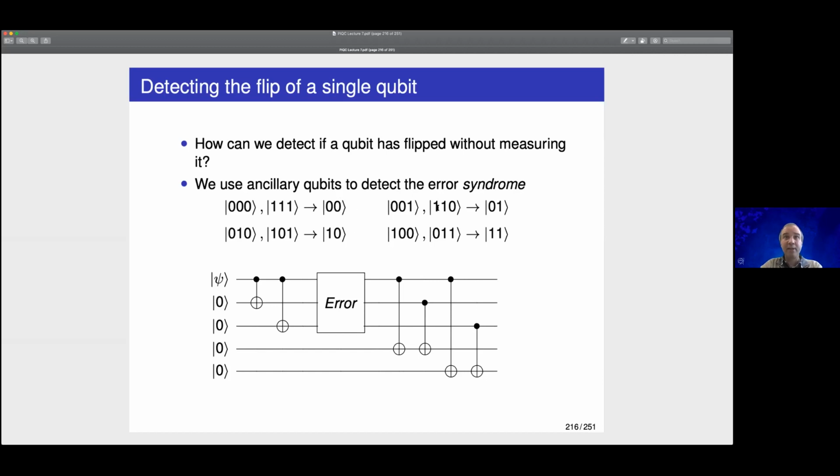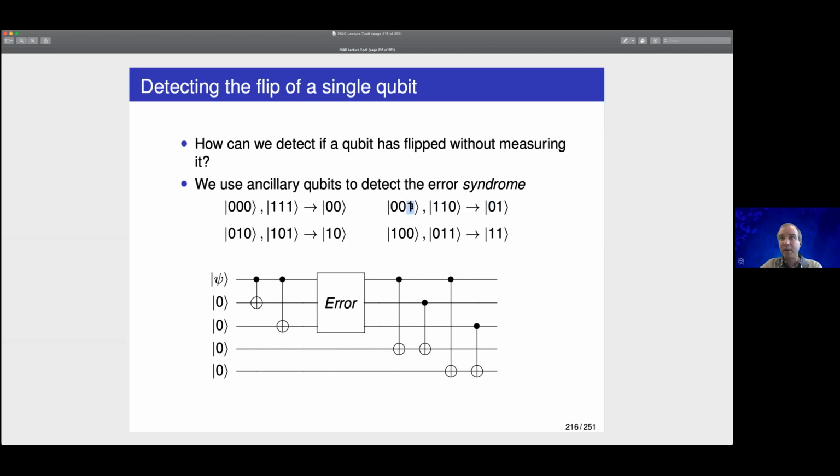And then we have these 4 situations depending on the result of that measurement. If all the qubits are equal, then we are going to obtain 0, 0 as the measurement of these 2 ancillary qubits. If, for instance, the third one is different, then you know that the first and second one are the same, and then we are going to obtain 0 here as the first result.